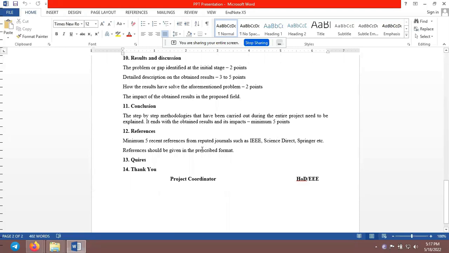And you can include some web pages. A lot of web articles are there, a lot of books are there. So whatever you have referred to, you can include under the topic references.